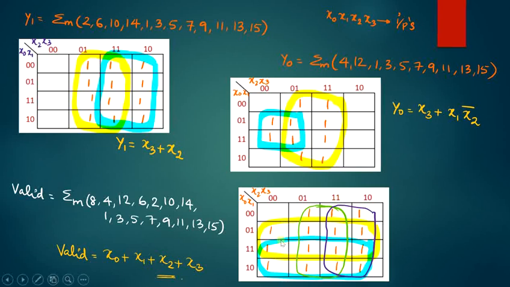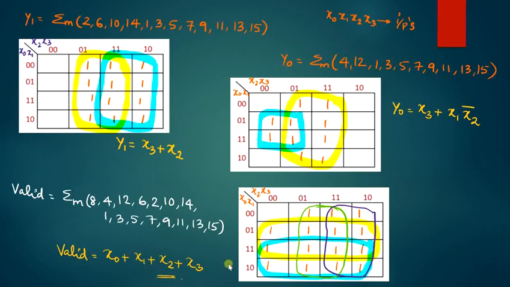So I am going to write all the minterms here, map them, and group them, and I obtain the valid expression to be the sum of all the input variables. The input variables were x0, x1, x2, x3. So validity will be equal to x0 plus x1 plus x2 plus x3.